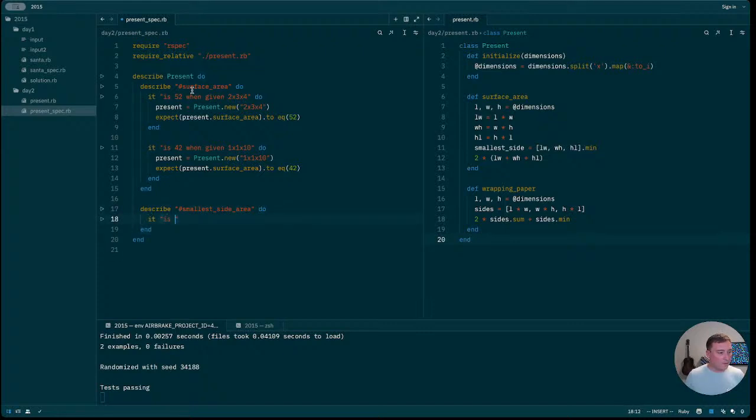And it is 6 when given 2 by 3 by 4, and it is 1 when given 1 by 1 by 10.